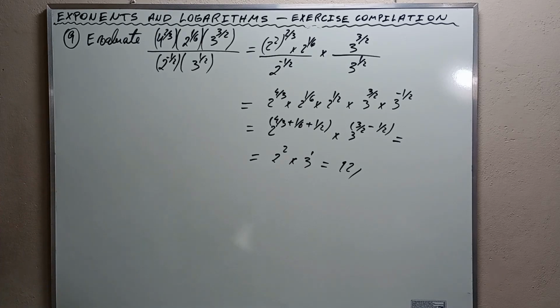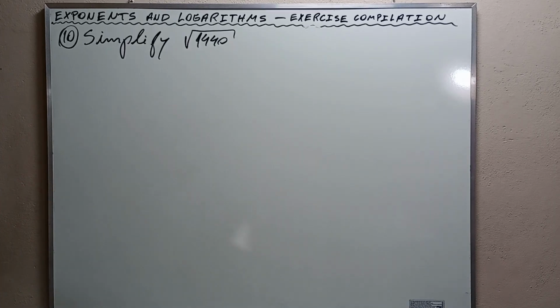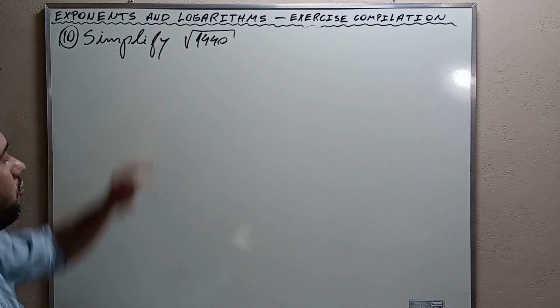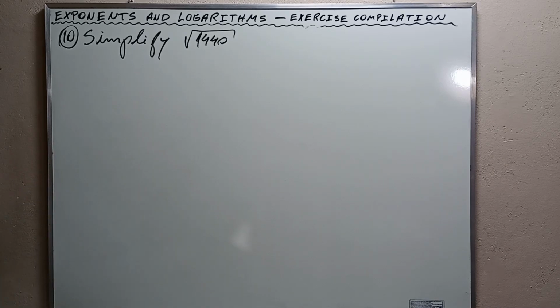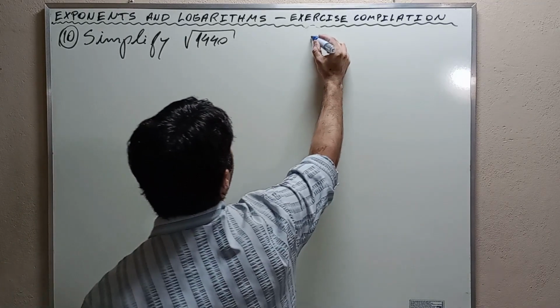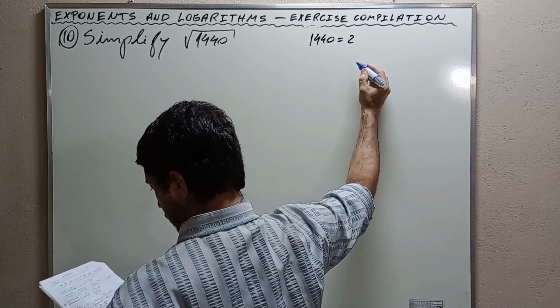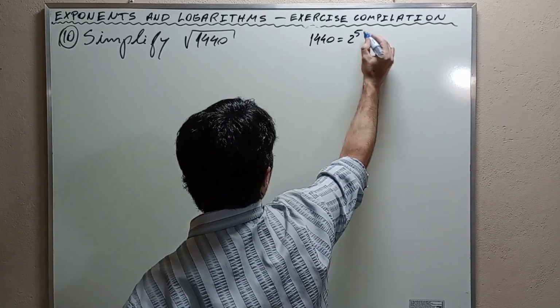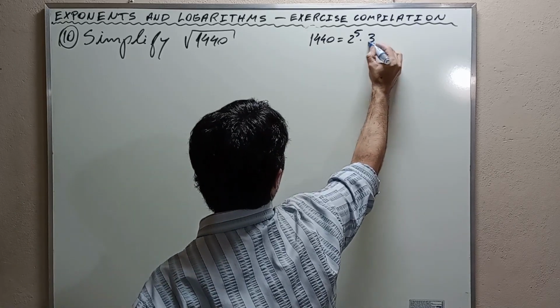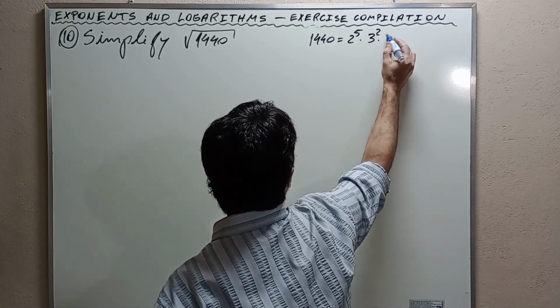Let's go to exercise 10. Exercise number 10. Simplify this, the square root of 1440. What can we do to simplify this? We're going to use the prime factorization of 1440, and it is 2 to the 5th times 3 squared times 5.